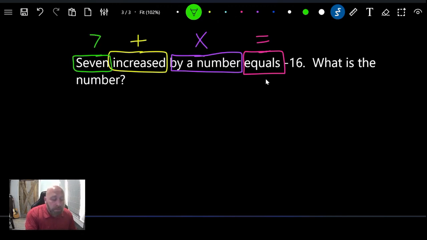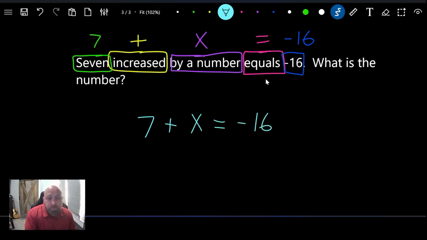And then this is not even a word. This is just negative 16. Look what we have. We have a very colorful equation up there. So let's go ahead and rewrite that equation. 7 plus x equals negative 16.